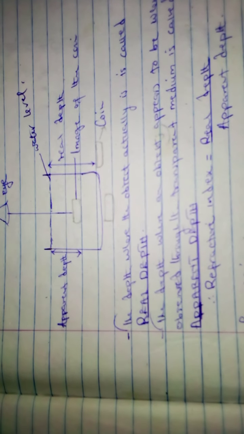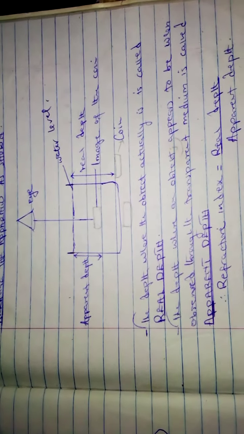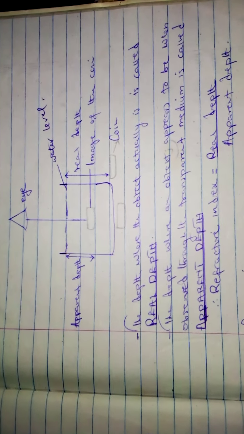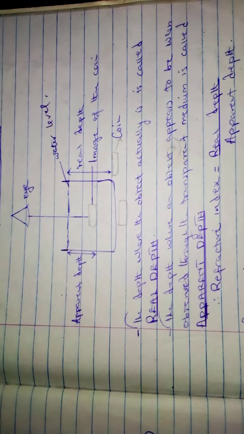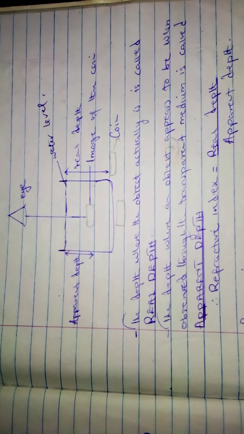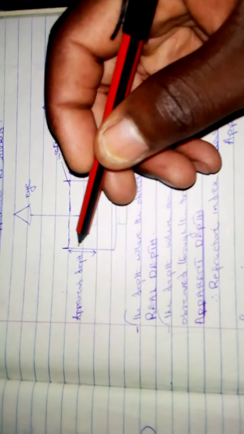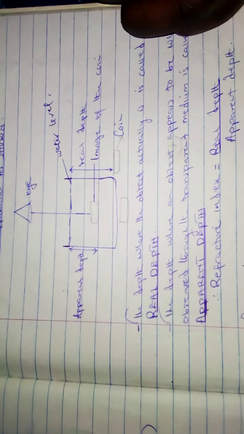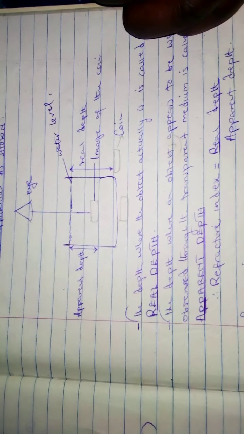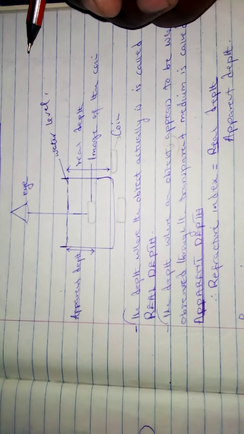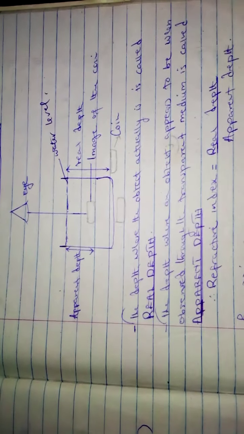So we are still on refractive index, and now it's determining the refractive index using real depth and apparent depth. So what do we mean by that? To carry out this experiment, you need a beaker, and then you also need 2 coins of the same size.